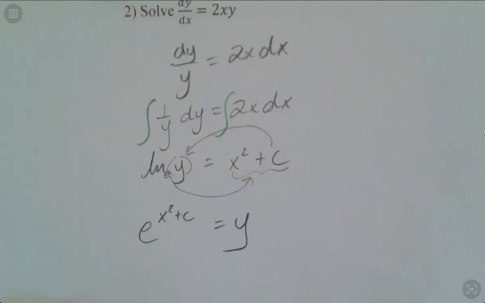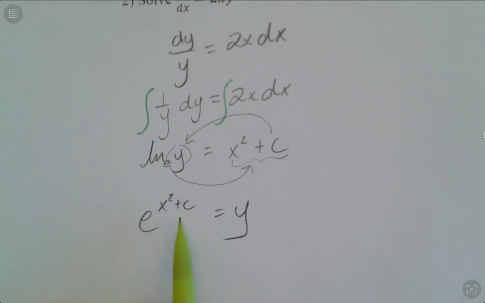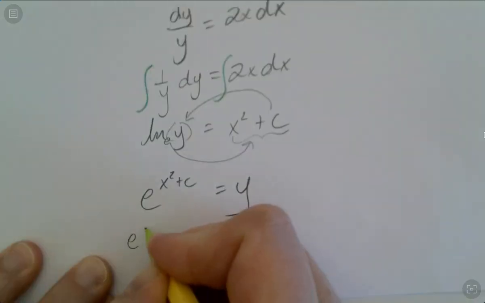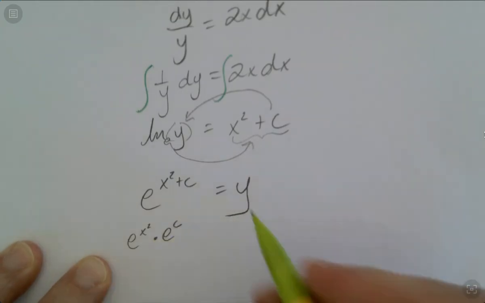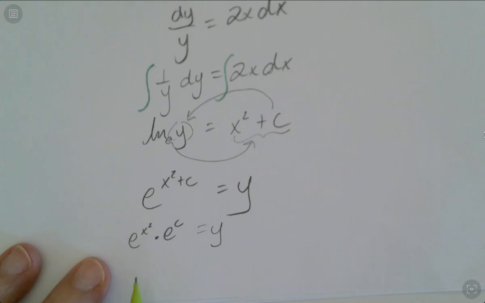We're not done, because I'm not going to leave this constant of integration in the exponent. So let's split up this expression from what I was saying back up here. So I can call that e to the x squared times e to the c. It seems even more complicated.